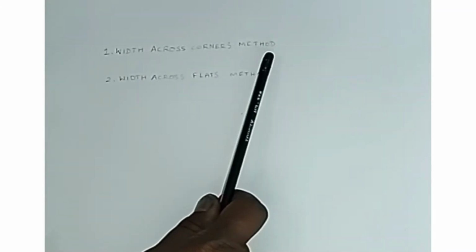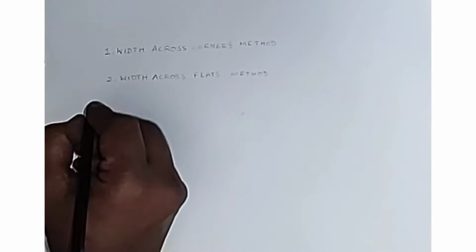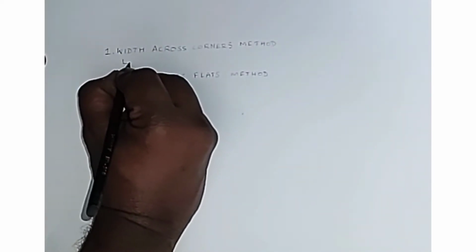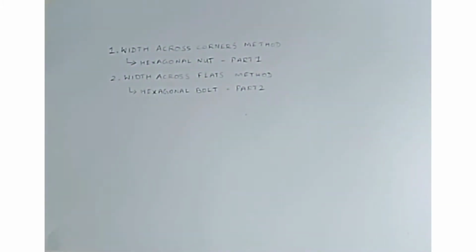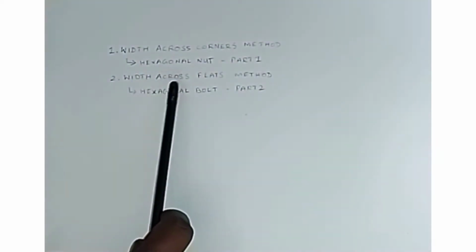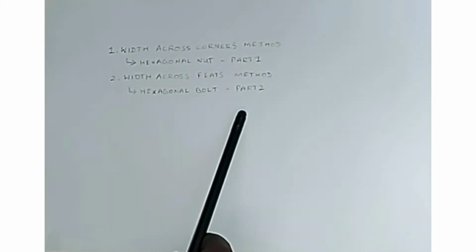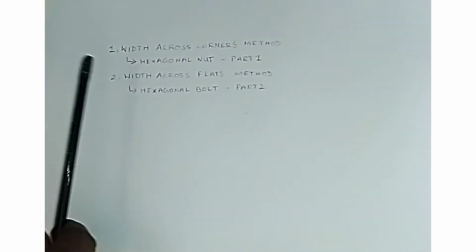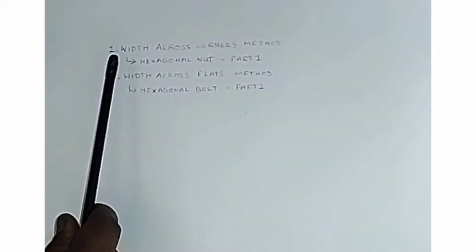In this exercise, we will use the width across corners method to draw the hexagonal nut, and we will draw the hexagonal bolt using the width across flats method. That will be part 2. Let's start our session by drawing the hexagonal nut by width across corners method.